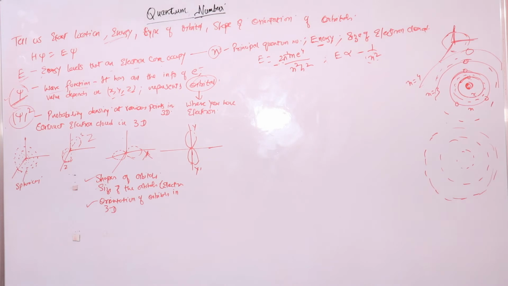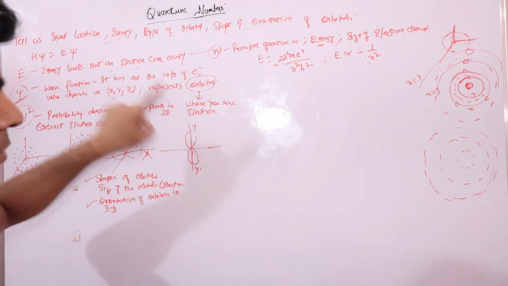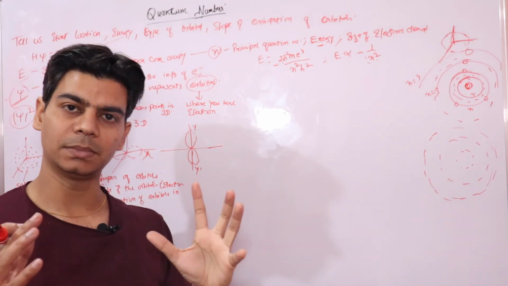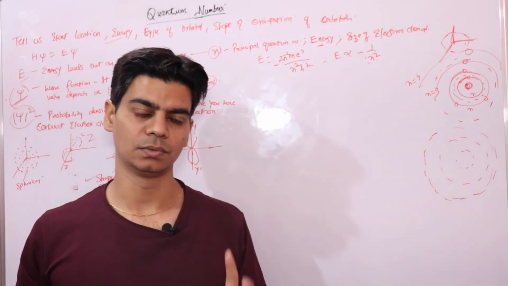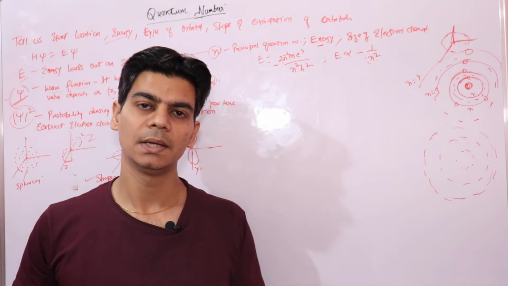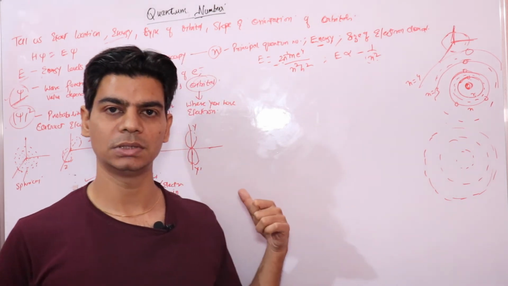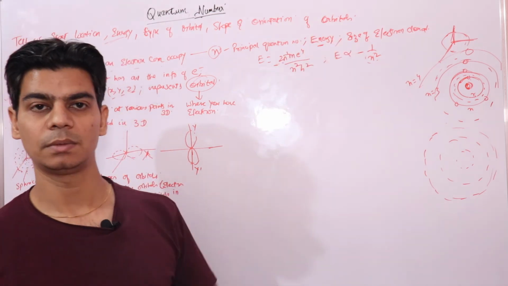It determines the energy of the electron in hydrogen atom and hydrogen-like atoms. Like I said, using the Schrodinger equation, we can determine the energy of hydrogen and hydrogen-like atoms. And if an atom has multiple electrons, 2 or more than 2 electrons, then we cannot determine the energy of those electrons exactly using the Schrodinger equation or these quantum numbers.